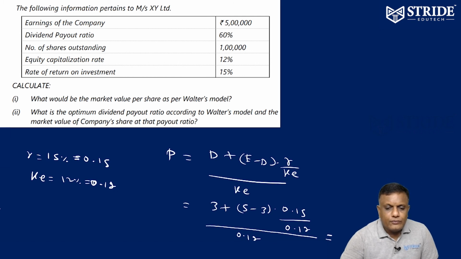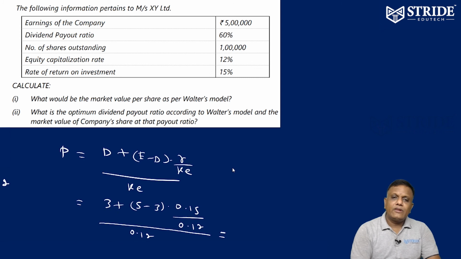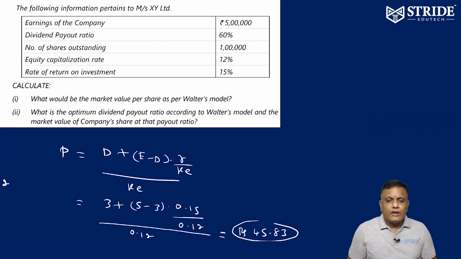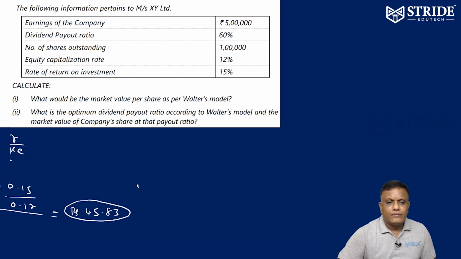By solving this, you will be getting the answer of rupees 45.83. So according to Walter's formula, market price per share is equivalent to 45.83.